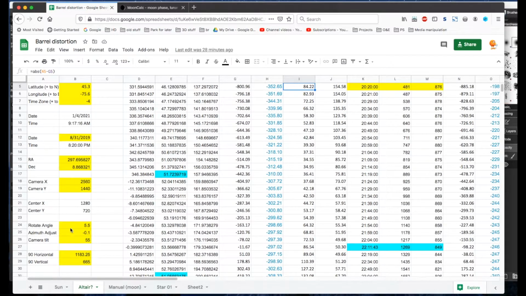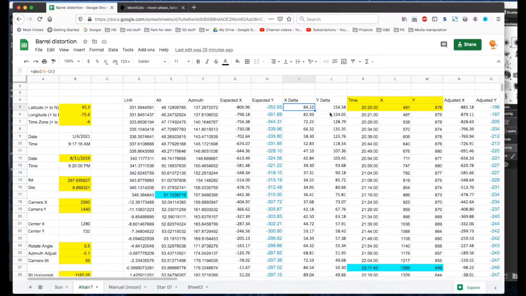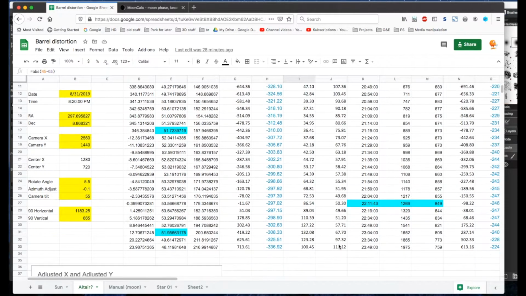At this point, the intent was to change the rotation angle, the azimuth, and the camera tilt values to get as low a value for x and y deltas as possible.